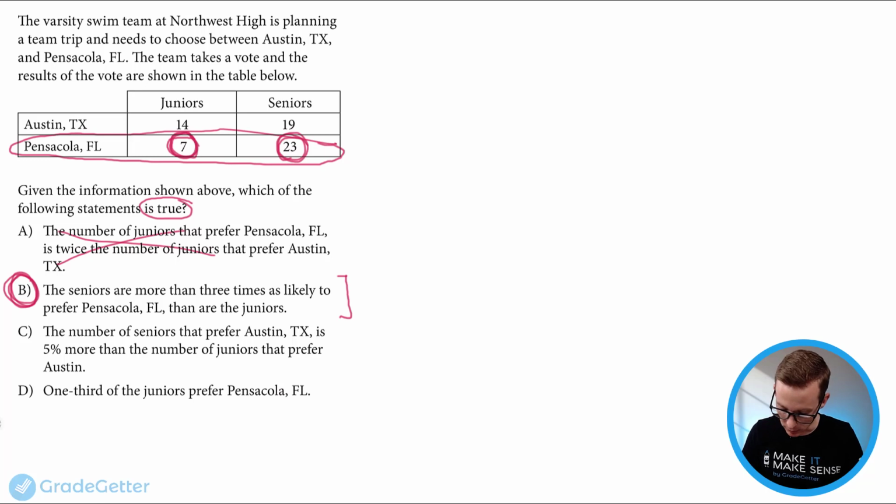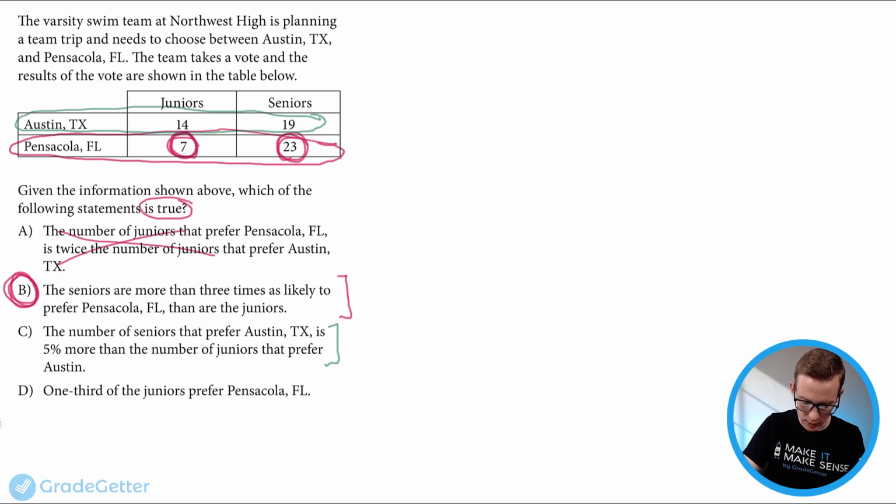But let's keep reading. I'm going to switch colors now that we think we've got the correct answer, and go to option C. C says the number of seniors that prefer Austin, Texas is 5% more than the number of juniors that prefer Austin. Okay, so this time we're looking at Austin, Texas.